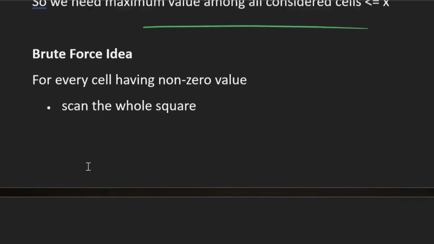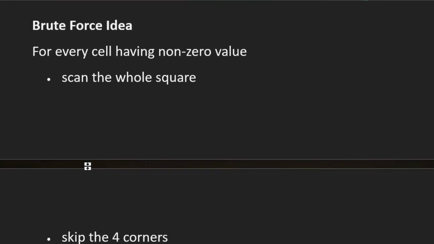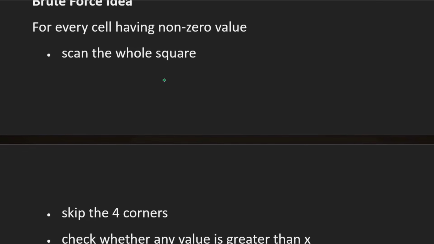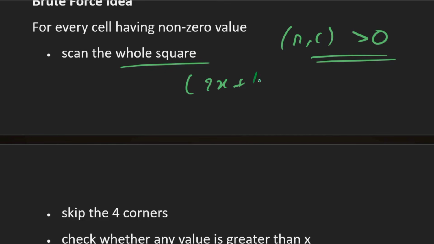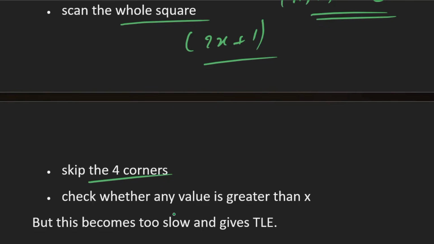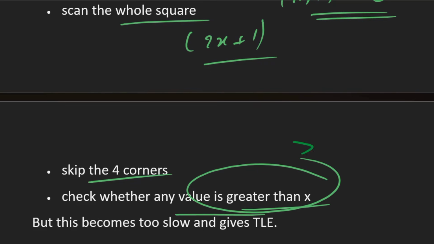So let's start with the brute force idea. In brute force, for every cell r comma c having value greater than 0, we scan the whole square of side 2x plus 1, skipping the four corners, and then check whether any value is greater than x, where x is our value at r comma c.